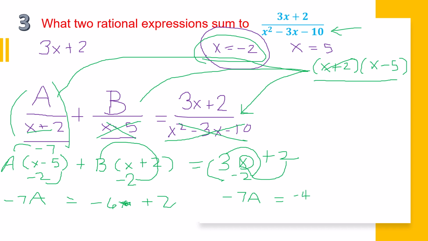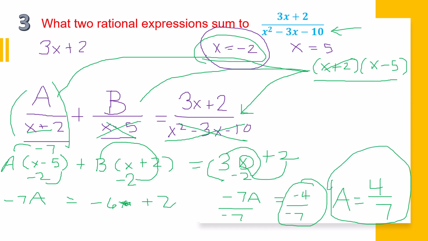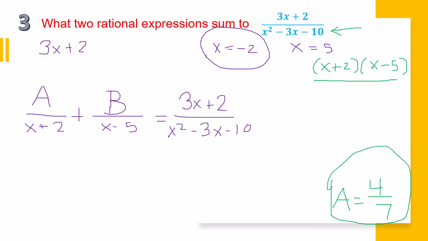Divide both sides by -7. And you get A is equal to, a negative divided by a negative is a positive, 4/7. So we have solved and we have gotten a solution for A.